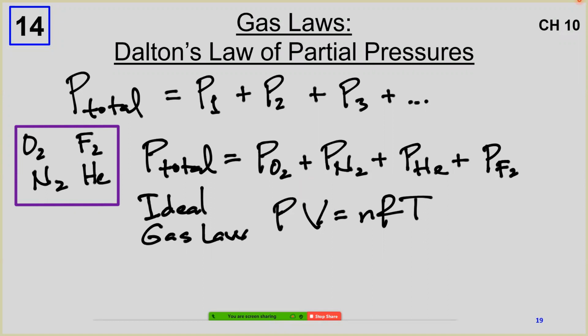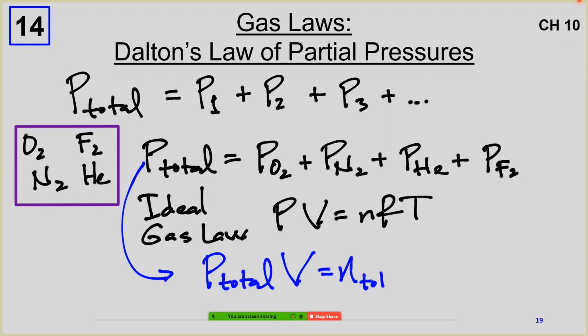So in that case, P total times volume equals the total number of moles of the gases in the container times RT.